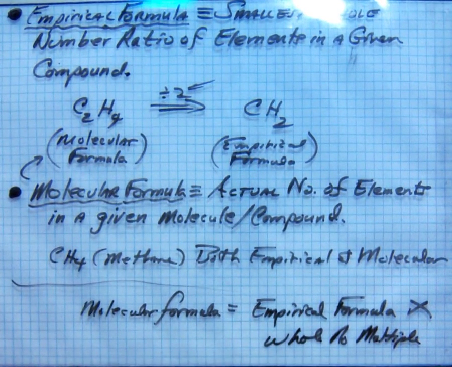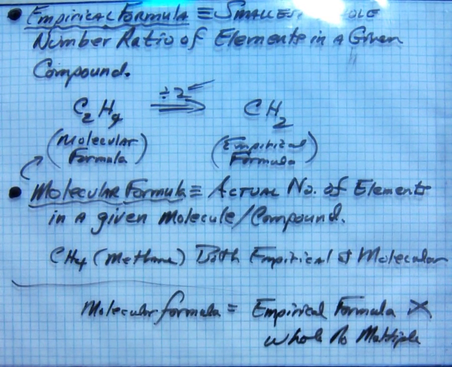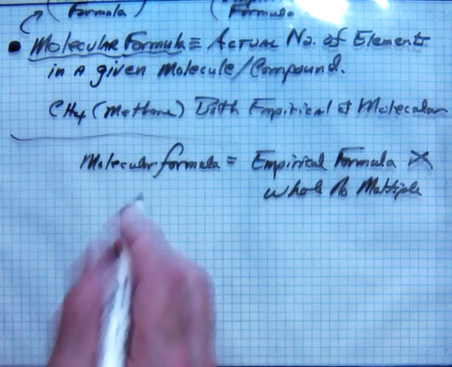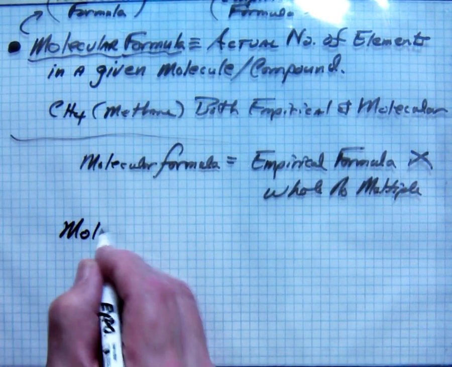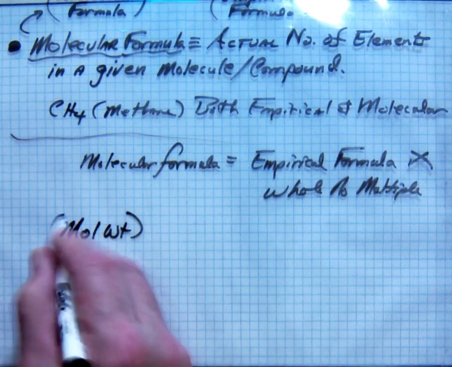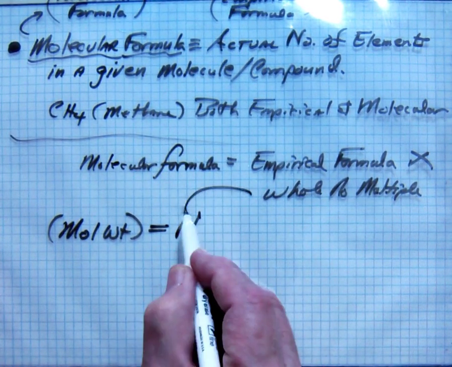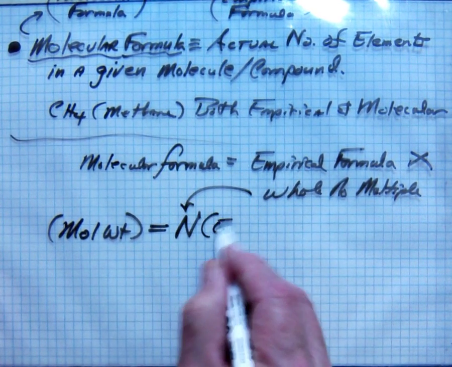Well, that translates very quickly to formula weight times some multiple. Empirical formula weight, molecular weight. So we say molecular weight right here is equal to some n, which is the whole number multiple, times empirical weight.